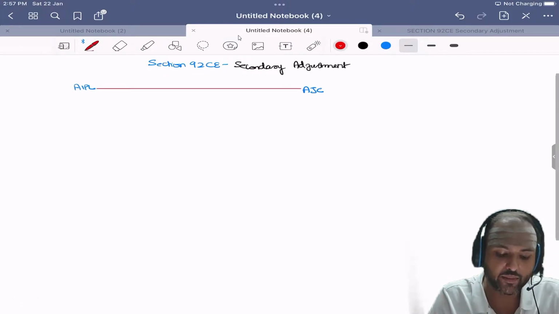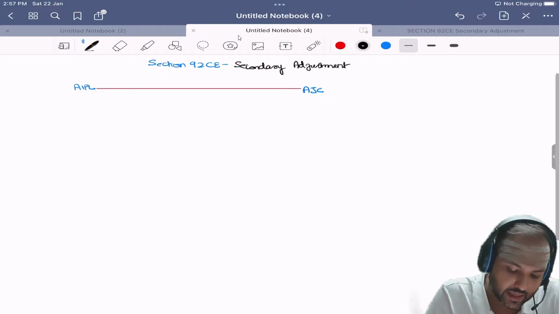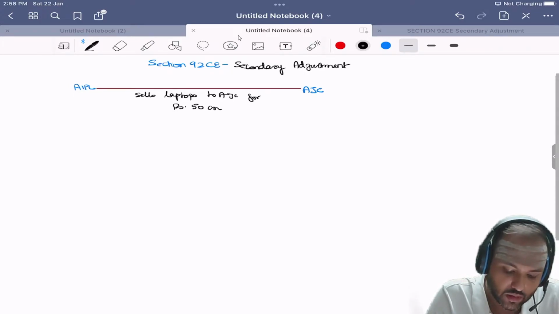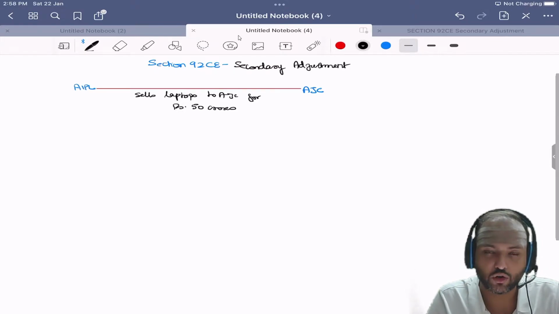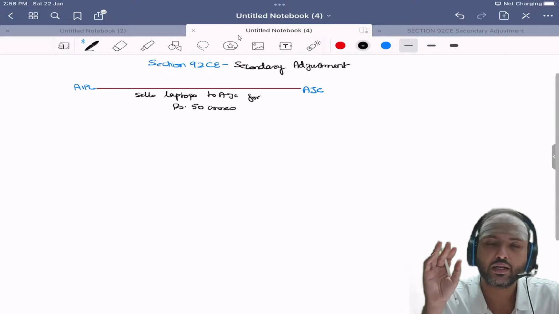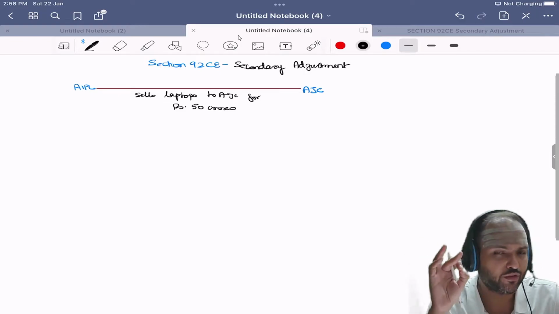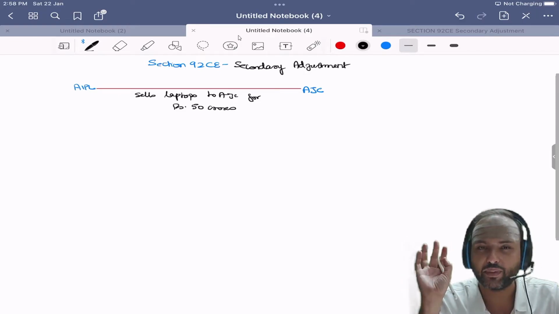Now AIPL sells laptops to AJC for rupees 50 crores. So AIPL sells laptops to AJC for rupees 50 crores, and what happened? They have filed the return of income stating that they have had an income of 50 crores and then they have paid the taxes.